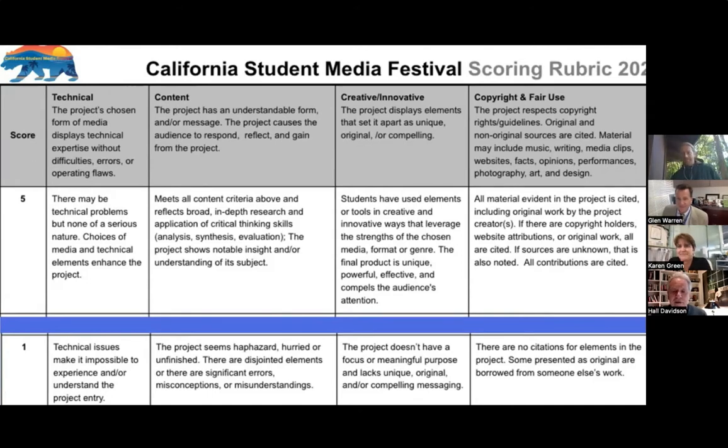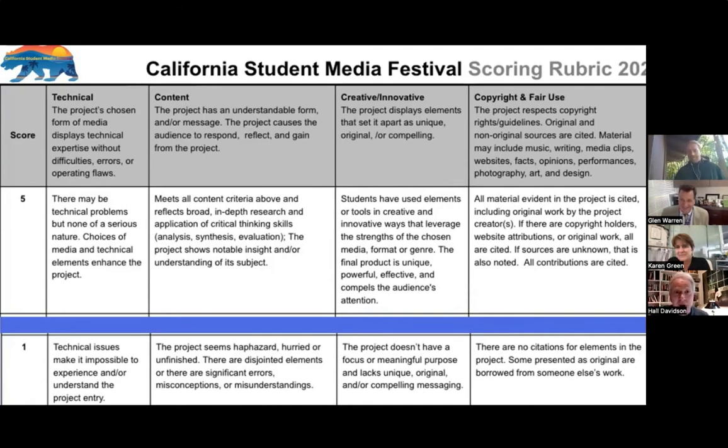So the copyright and fair use area, the last of the 4, has caused probably the most consternation with the judges. You can just relax a little bit about this category. We have this here because we really want students to become aware of the importance of citation, of letting people know when they've created something or when they're using someone else's work. So you're not here to be the copyright police.